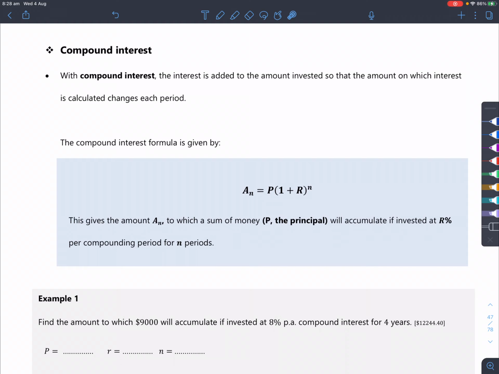A equals P bracket 1 plus R to the power of N. Here A represents the amount of money that the principal would accumulate to, or grow to, if invested at R% per compounding period, whatever that may be. Usually it's per annum.